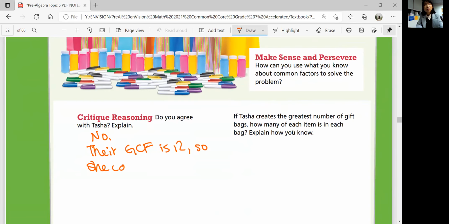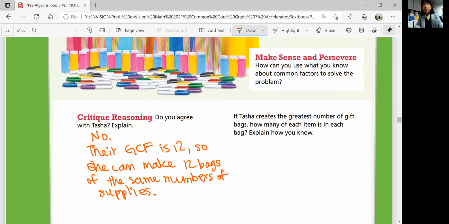So she can make 12 bags of the same number of supplies.